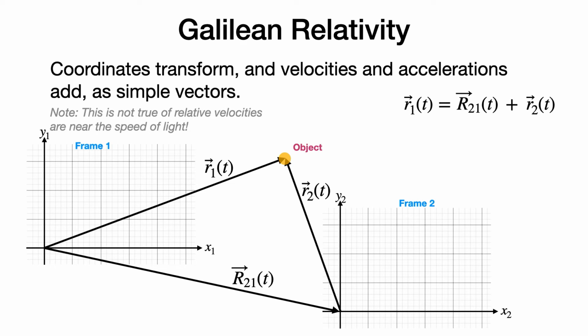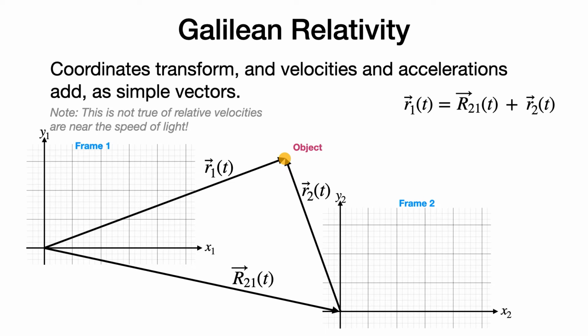And this displacement vector, r sub 2,1, will be related to the position of the object measured in frame 1 and the position of the object measured in frame 2 by the usual rules of vector addition, which simply gives us that r1 is equal to the relative displacement r sub 2,1 of the frames plus r2, the position of the object as measured in frame 2.